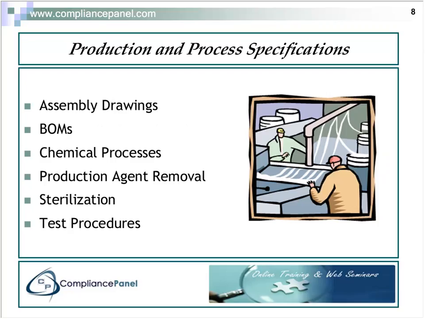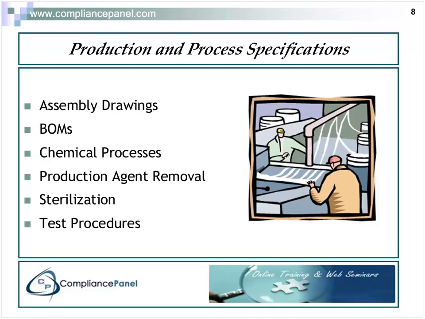Your production and process specs. I mean, these are pretty much common sense things that would be included in there. Your assembly drawings, your bill of materials, any chemical processes that would be performed as part of your production process.